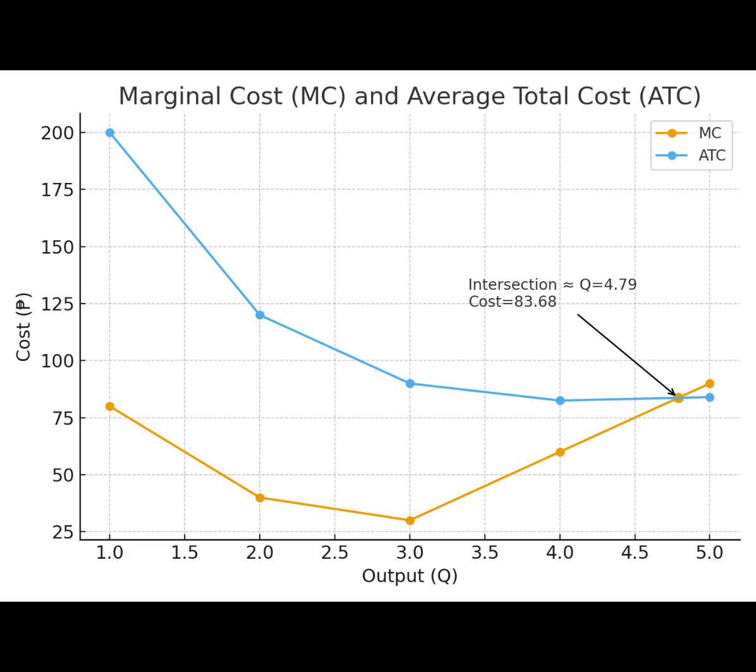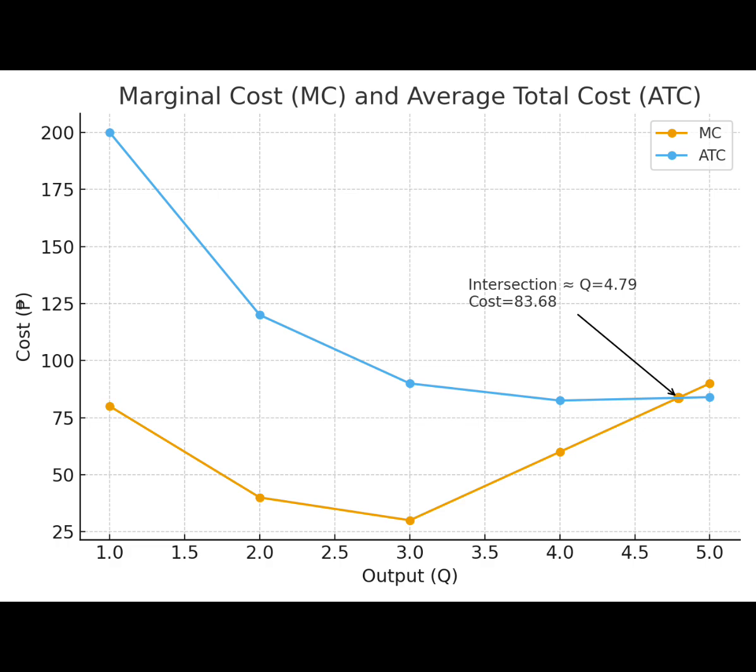And when MC is greater than ATC, producing one more unit raises the ATC, so adding output reduces cost efficiency. Therefore, the intersection shows the output level where the firm achieves the lowest average total cost per unit. This is the most production efficient quantity in terms of average cost.